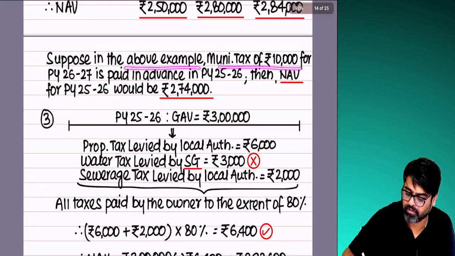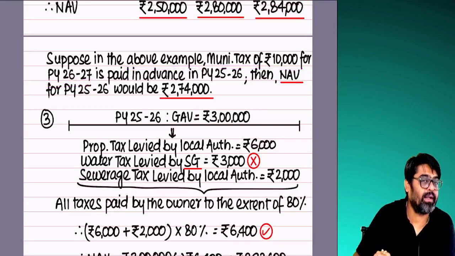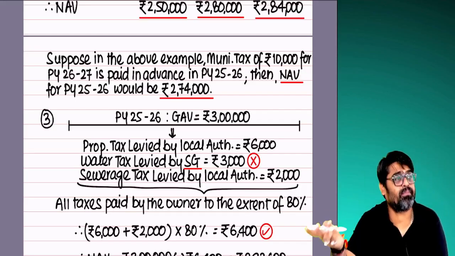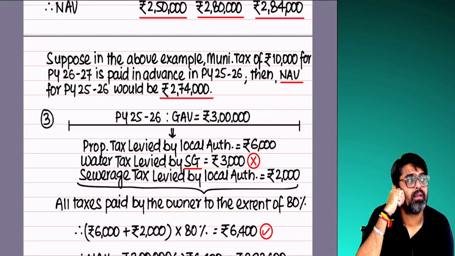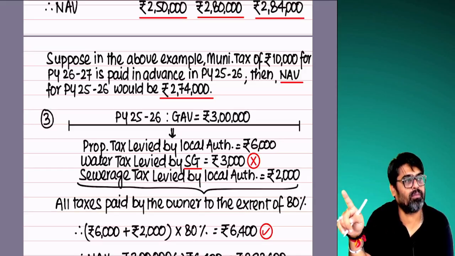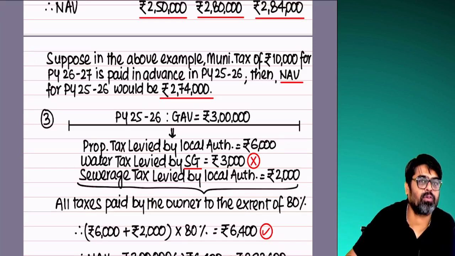Municipal tax of rupees for 26-27. 26-27 is not my previous year. It is the next year. So for the next year also, 10,000 municipal tax you have paid in advance in this year only. Possible?